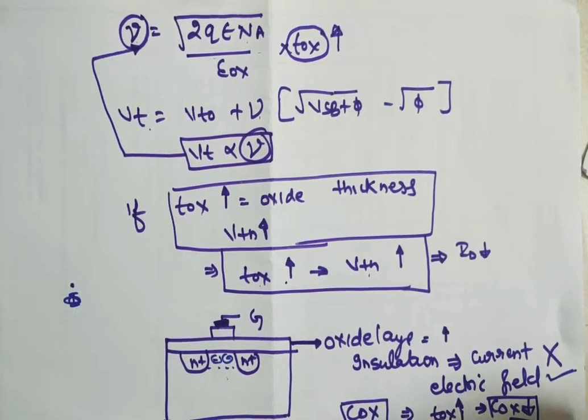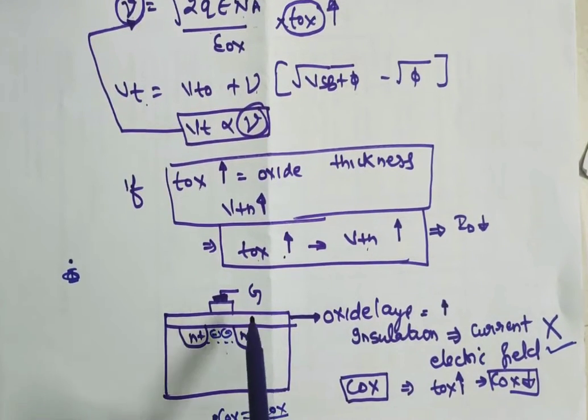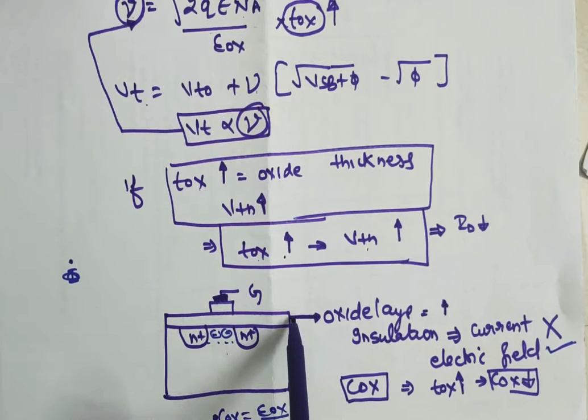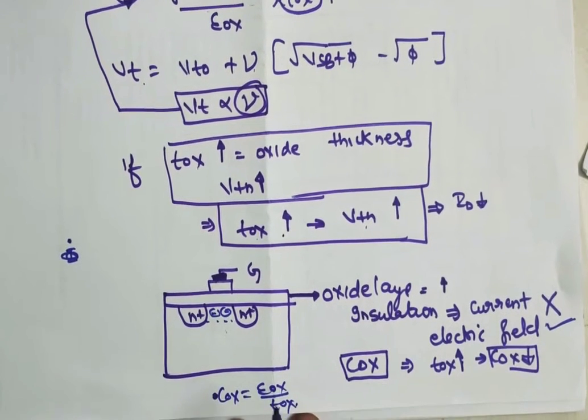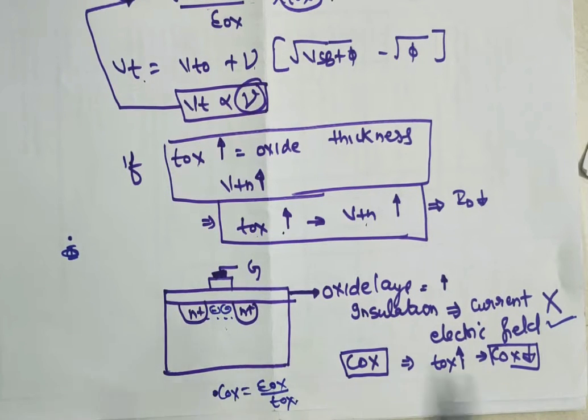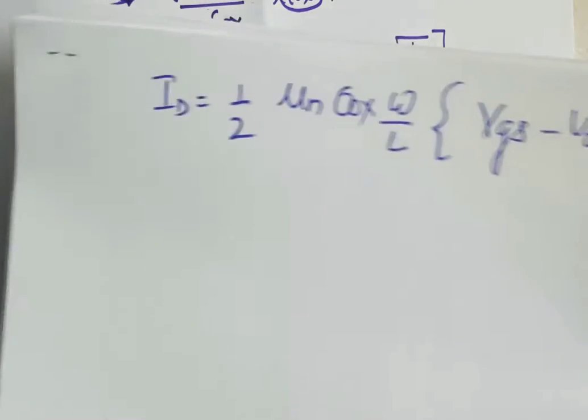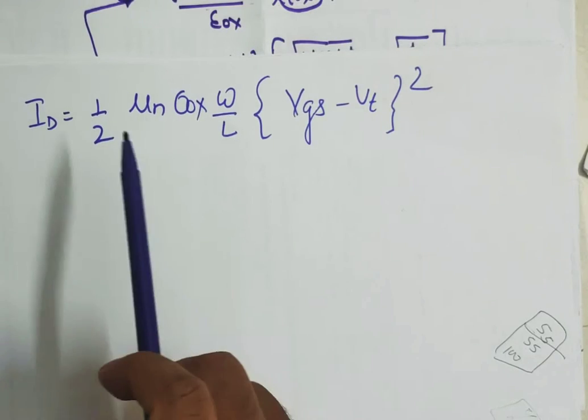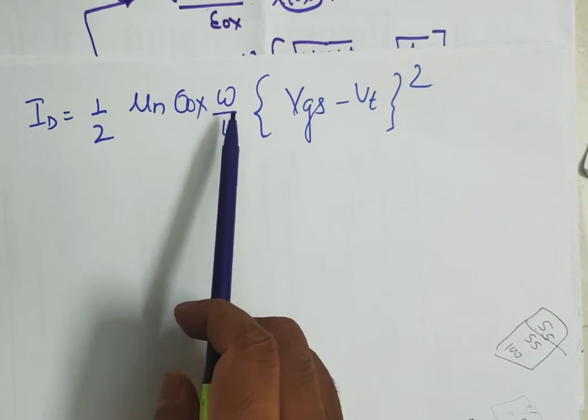If we see graphically, what is the equation of Cox? Cox is equal to epsilon ox upon Tox. So if we increase our Tox, your Cox will decrease. And if oxide capacitance is decreasing, our current will decrease. Why will the current decrease? If we see the formula of current, Id will be equal to 1 upon 2 mu n Cox W by L times (VGS minus Vt) squared.